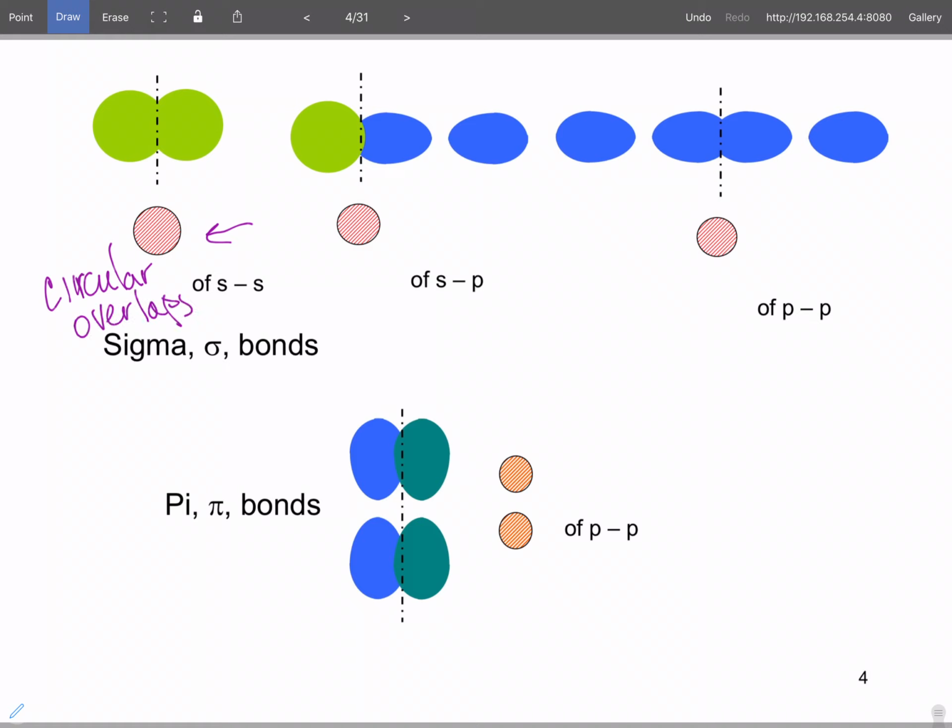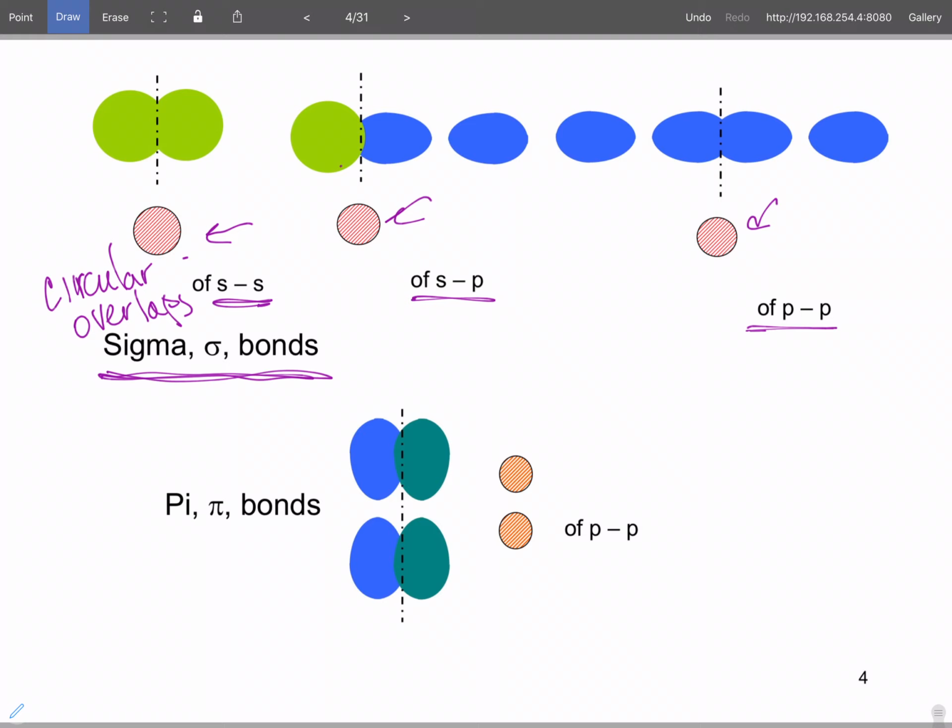And this occurs here, here, and here. So what we've got is an s-s overlap. You can overlap an s, end on with a p, or you can have two end-on overlaps of the p's. So these are sigma bonds, and sigma bonds have a set number of properties, which we'll get to in a minute.